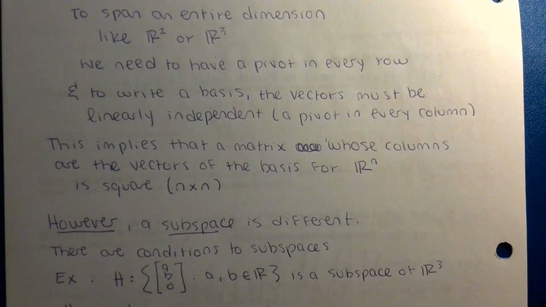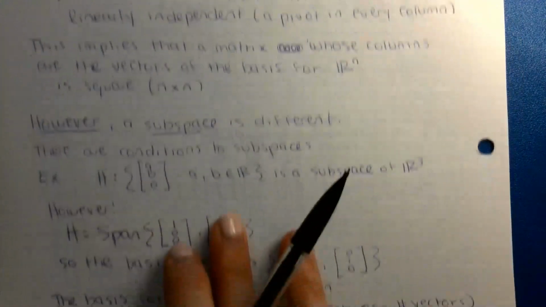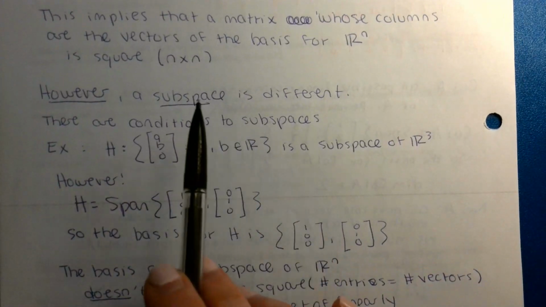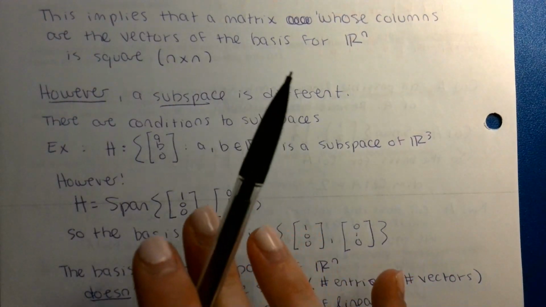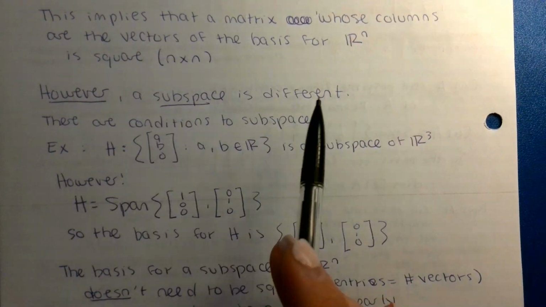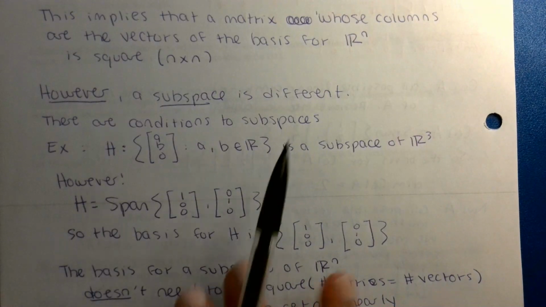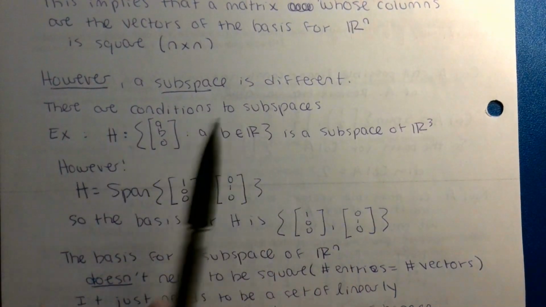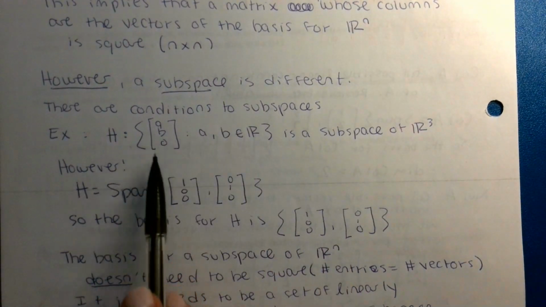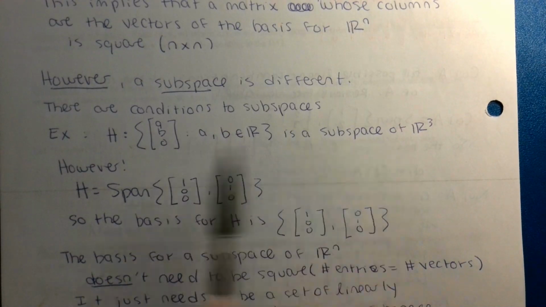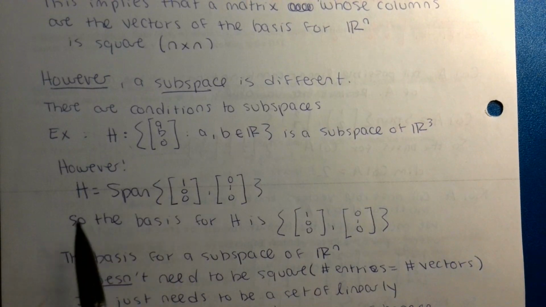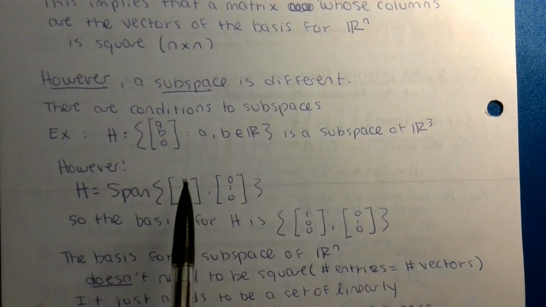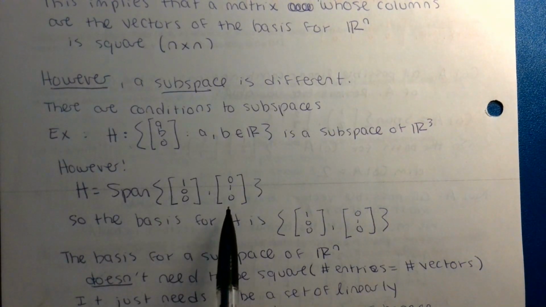vectors. But that's different for a subspace, because a subspace, I'm not trying to get to all of the vectors in a certain dimension. I'm not trying to get to all of R3. There are just specific conditions. So for my subspace that I created here, A, B, 0, this is in R3 because it's a 3-dimensional vector, but H is the span of 1, 0, 0 and 0, 1, 0, okay?